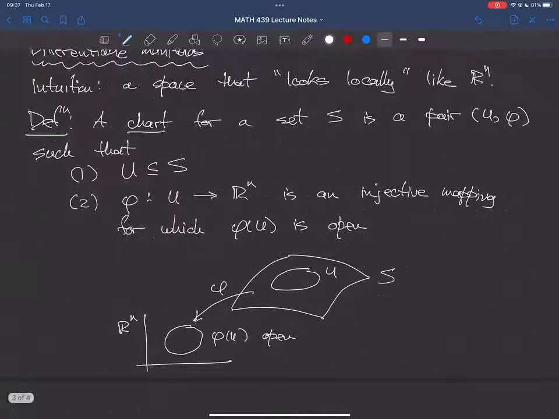Step two of the construction is what happens if I choose another chart. Okay, so I want to choose some other chart like so, and maybe it's over here and it doesn't overlap this one, in which case it's not problematic, but maybe it does. And you can think of phi as labeling points in U by points in Rn, and so you're going to have two potentially different labelings for these overlapping regions, and you want to have some notion at hand about how to do that in the right way.